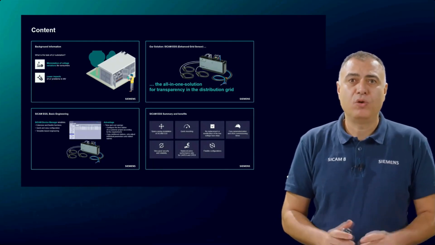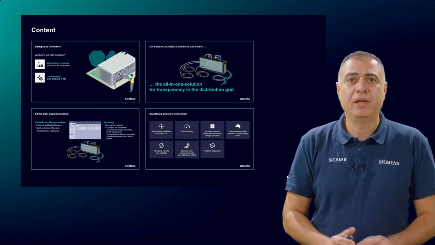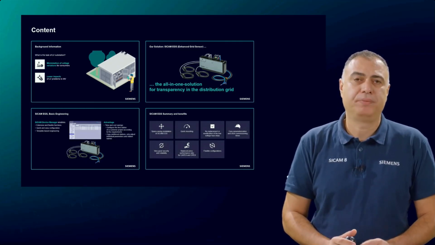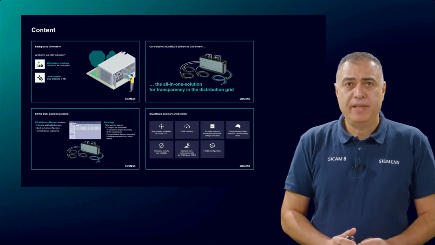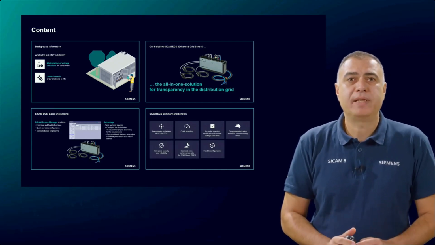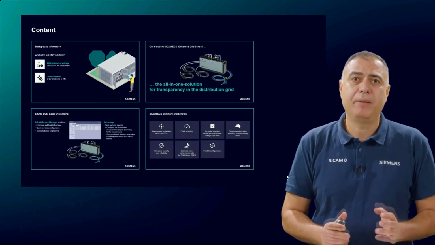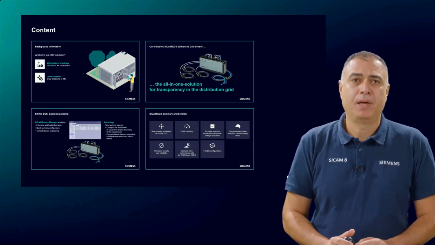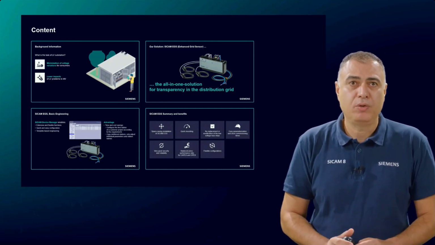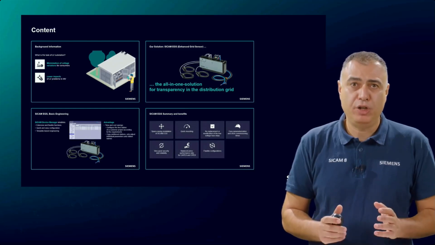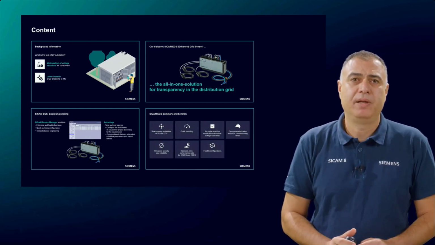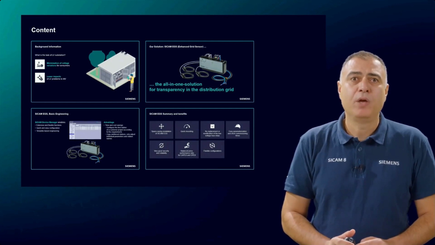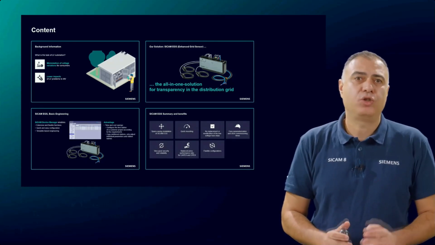But for those of you that are new to this topic, we would like to spend a short time providing some background information. During the second section, we would like to give you some important information about the SICAM EGS for designing your individual solution. Then, in the third section, we will also give you an impression of the engineering process. Finally, before coming to our Q&A session, we will close the presentation with a short summary.